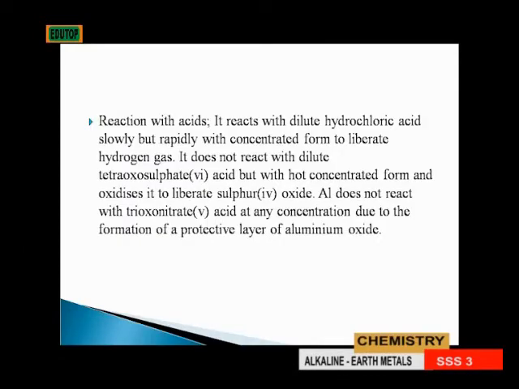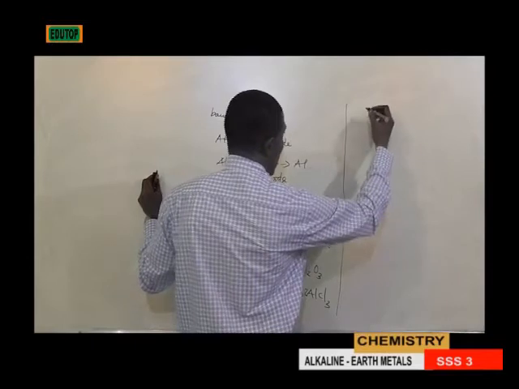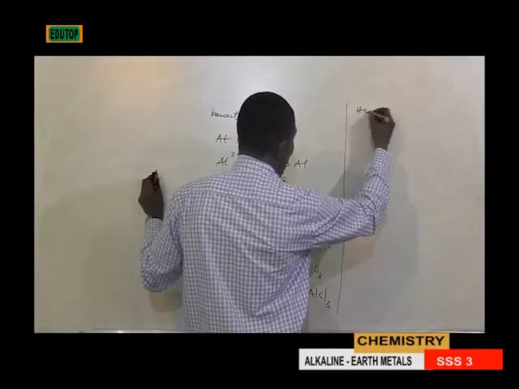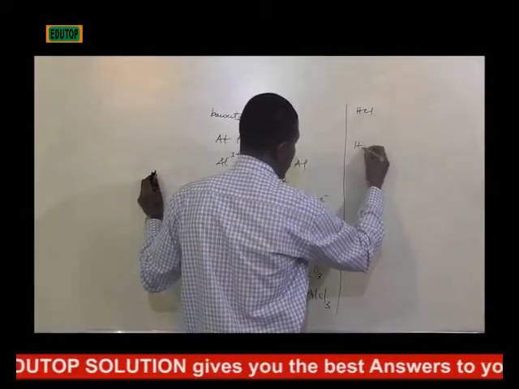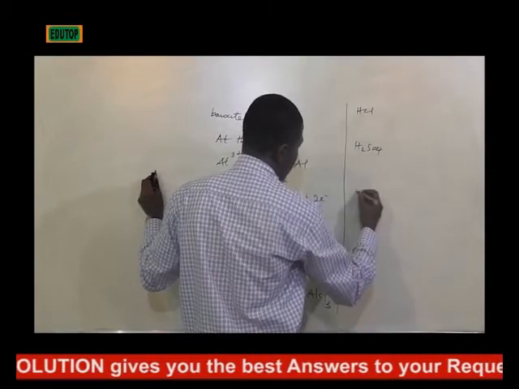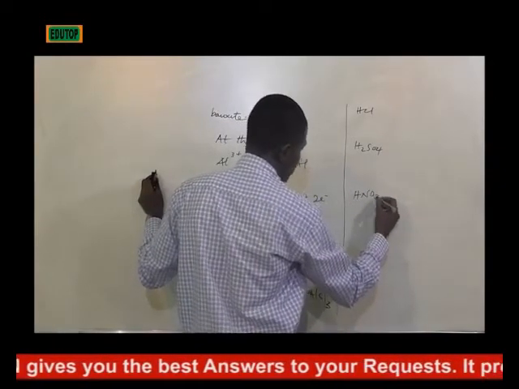Reaction with acid. It reacts with dilute hydrochloric acid slowly but rapidly with the concentrated form to liberate hydrogen gas. We have hydrochloric acid, we have H2SO4, and we have HNO3.